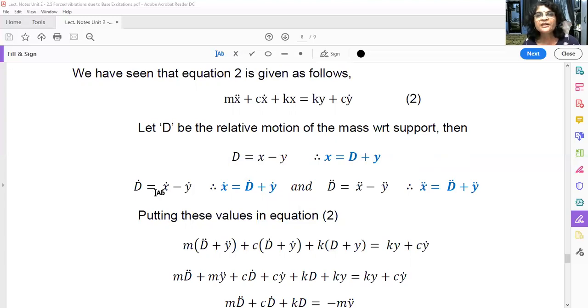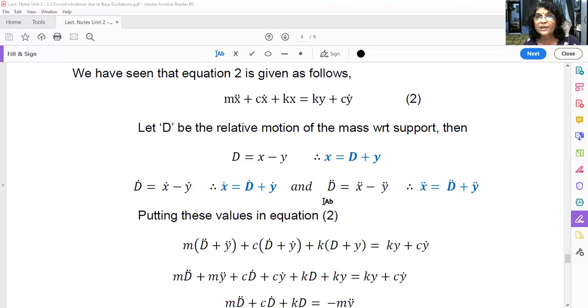Now differentiating, D dot is equal to x dot minus y dot, so x dot is D dot plus y dot. Similarly, differentiating twice, D double dot is equal to x double dot minus y double dot. Therefore, x double dot is equal to D double dot plus y double dot.